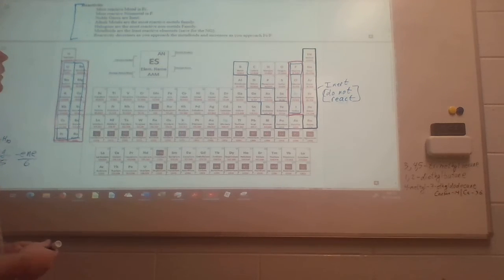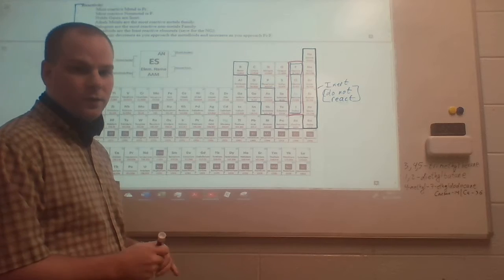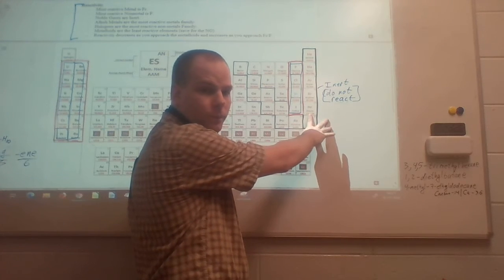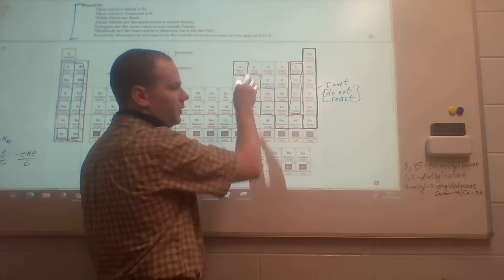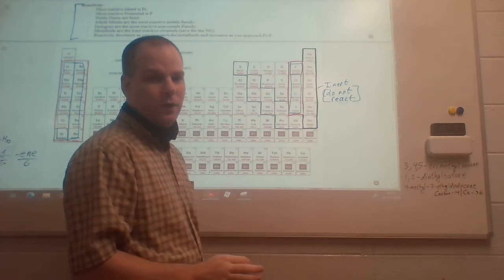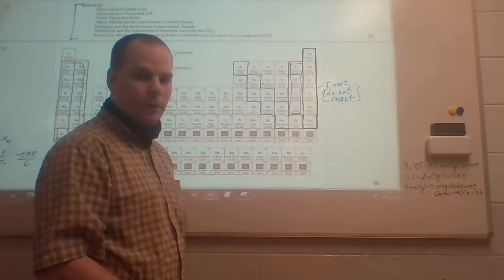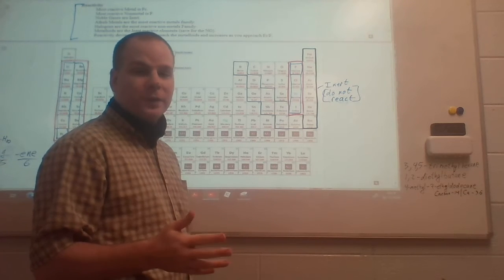Next, metalloids are the least reactive elements except for the noble gases. Okay, these don't react at all. These, the noble gases. These, the metalloids, will react, but not very well. They don't react often. It's another case where some of them require very special circumstances.